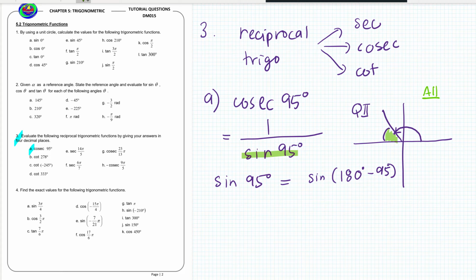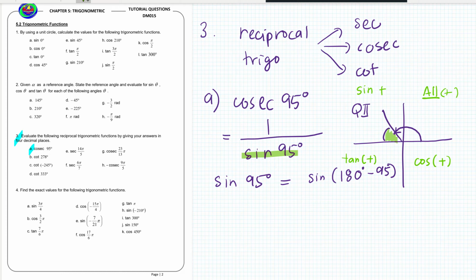For the second quadrant, sine is positive. For the third quadrant, tangent is positive, and for the fourth quadrant, cos is positive.